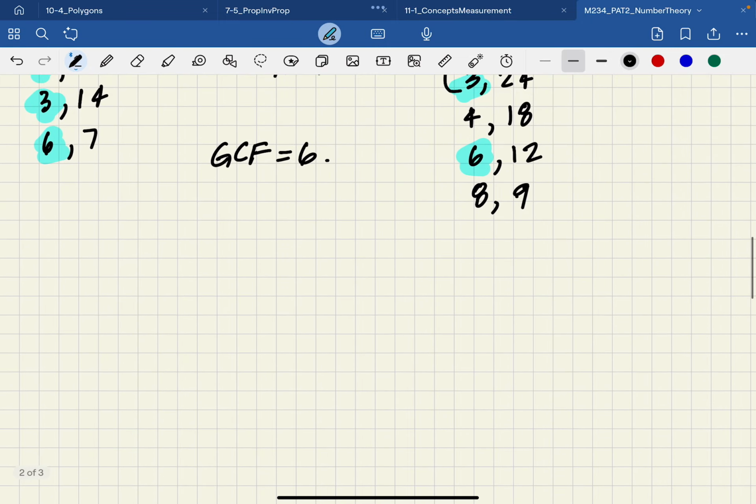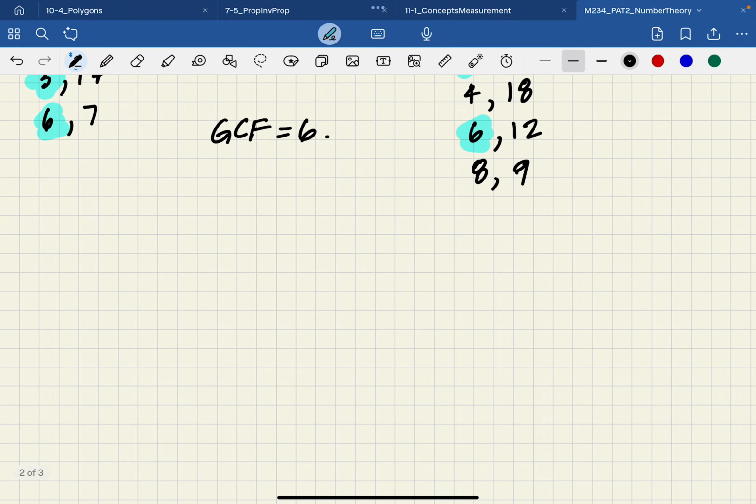What about multiples? So let's look at multiples next. Let's see. So if I started out with 42, multiples of 42 would be 42, 84. Let me get my calculator out really quick.